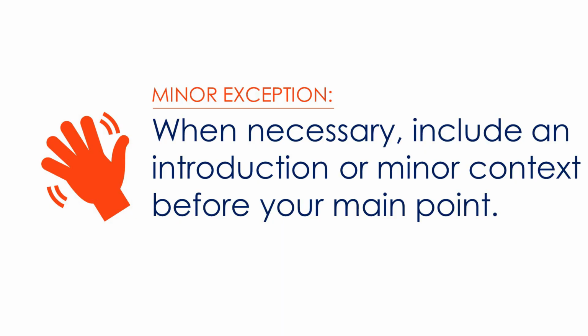But as with any rule, there are exceptions to this one. We've got a minor exception that I want to talk about and a major exception. So the minor exception is this. When necessary, you can include an introduction or minor context before your main point in a routine message.